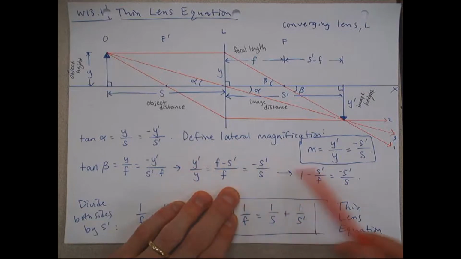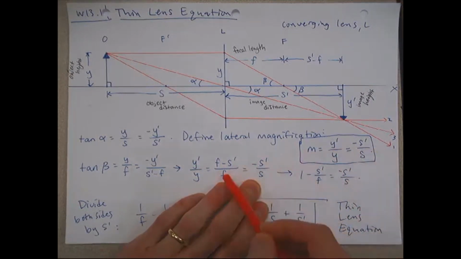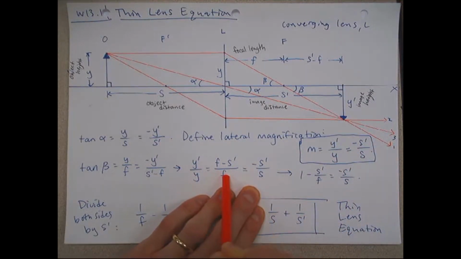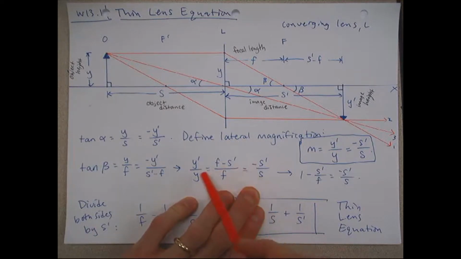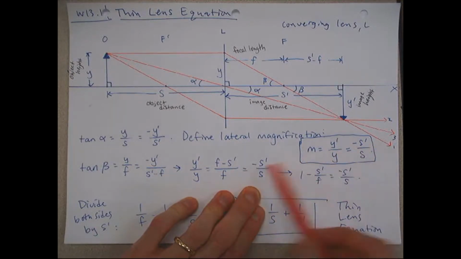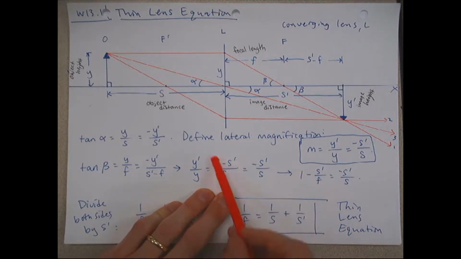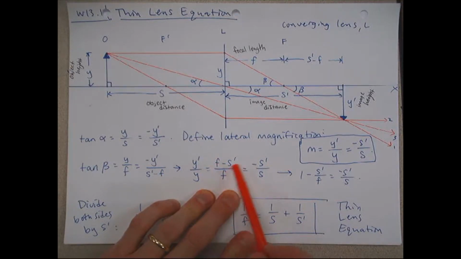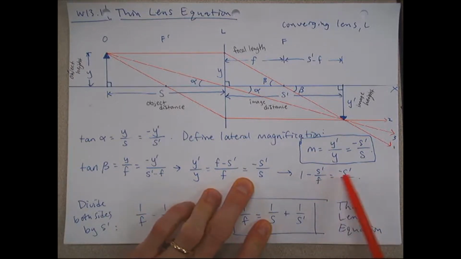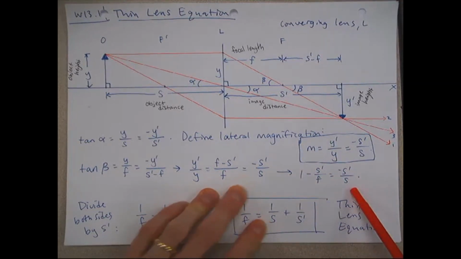But that's lateral magnification, so we can bring in that result here and say y prime over y is minus s prime over s, and then work on this equality, giving us 1. You divide this f into f, so we have 1 minus s prime over f equals negative s prime over s.